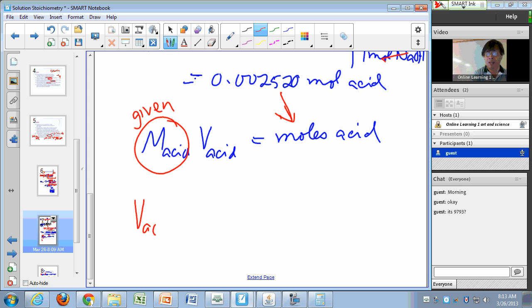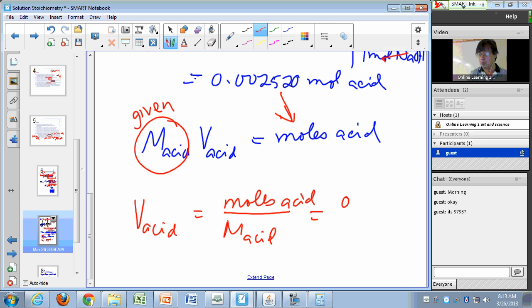So volume of the acid equals moles of acid divided by molarity of the acid, which in this case would be 0.002520 moles divided by the molarity, which is 0.1000 moles per liter.